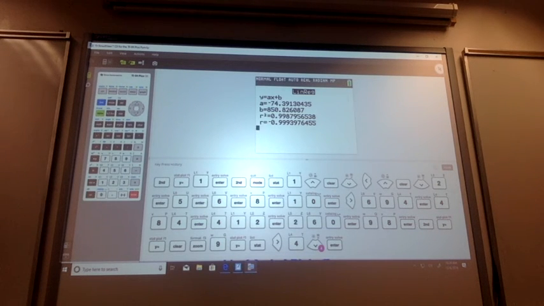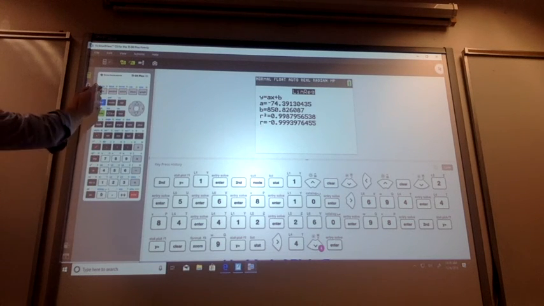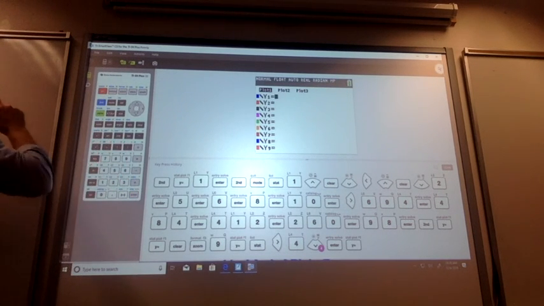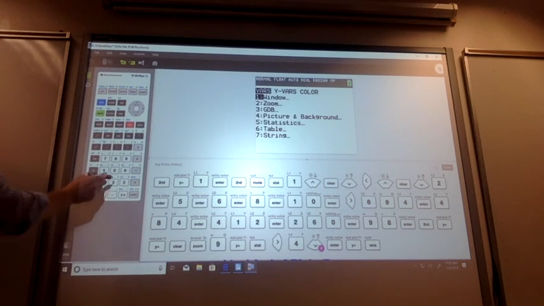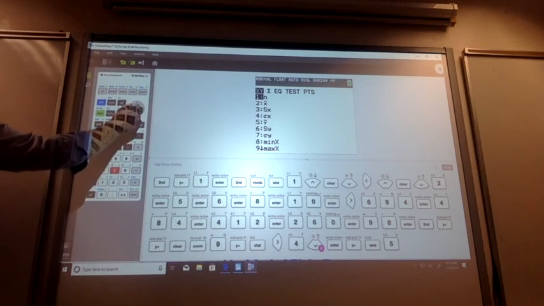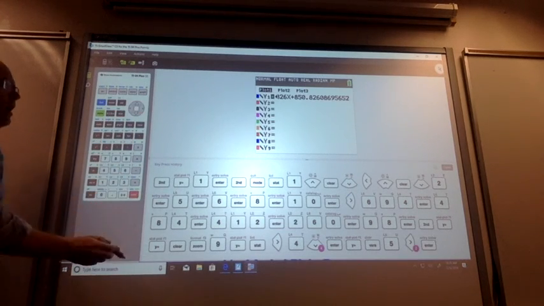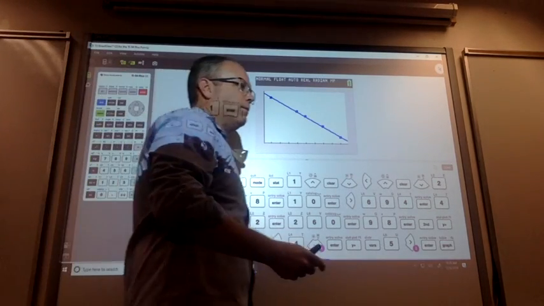And then use your equation to predict the x-intercept. So let's go into y equals. Where do I find to put that equation in that I just made? Where do I find that equation that's saved in the calculator? Bars, good. And then statistics, and then equation, and then hit enter, right? And hit graph. What do you got? Done?